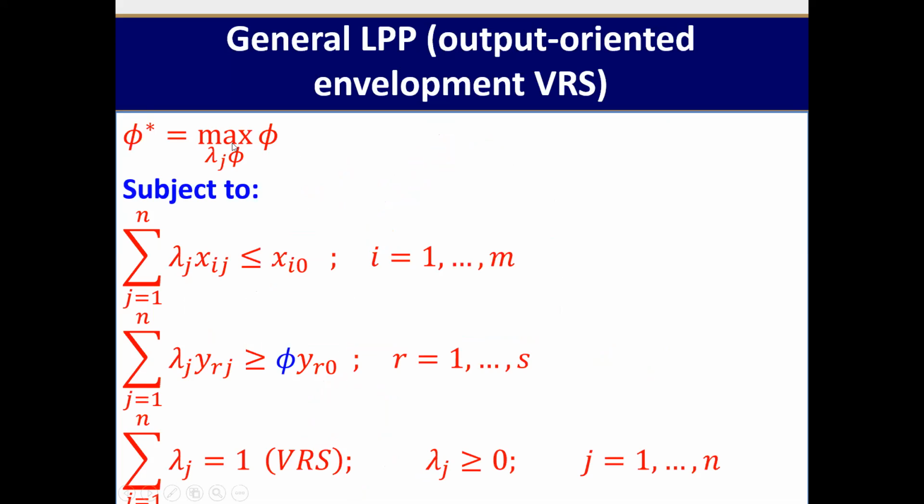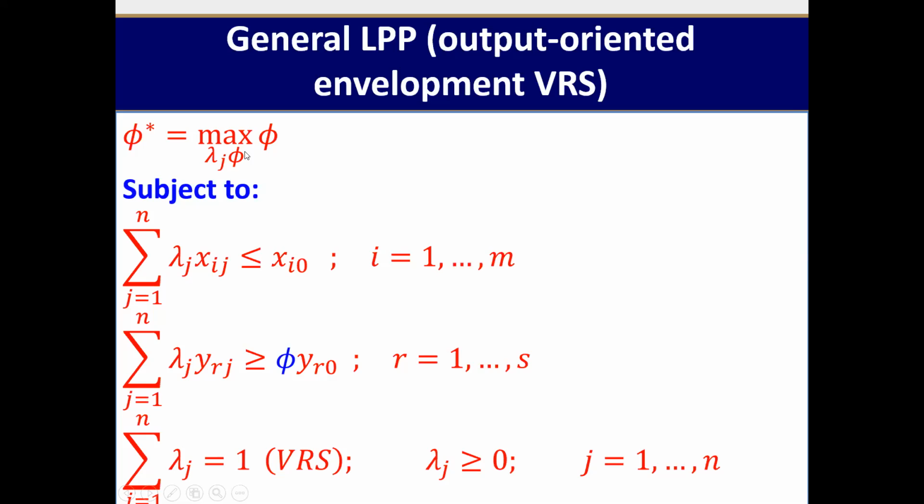Now, for me to do that, I need to maximize. What am I maximizing? Because I'm moving phi to the frontier, the boundary, my goal is to get the value of the actual phi. So the phi you see here is something I am looking for. In a linear programming, there are those kinds of decision variables that you are looking for. Do you remember?